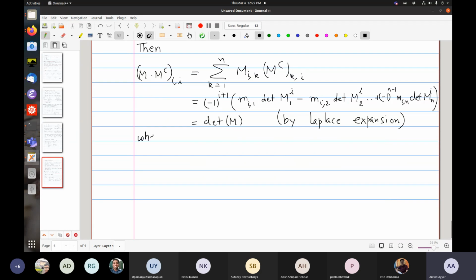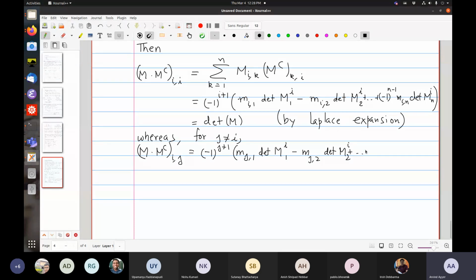Whereas if I take j not equal to I, m dot mc of ij, I again go through the same rigmarole and I get minus 1 to the, this time, j plus 1 mj1 determinant Mi1 minus mj2 determinant of Mi2 plus etc. plus minus 1 to the n minus 1 mjn determinant Min.